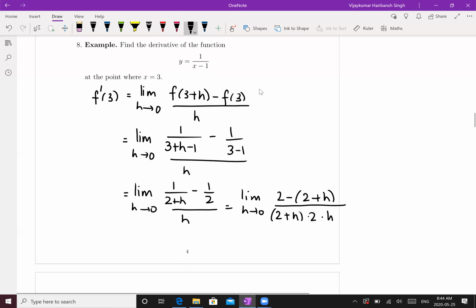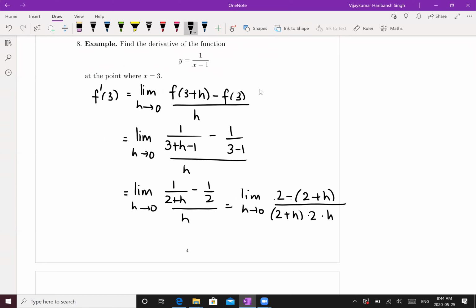Now when you open this bracket, this 2 and this 2 will cancel, and this minus will give h a minus sign. So we get the limit as h goes to 0 of minus h over 2 plus h times 2 times h.